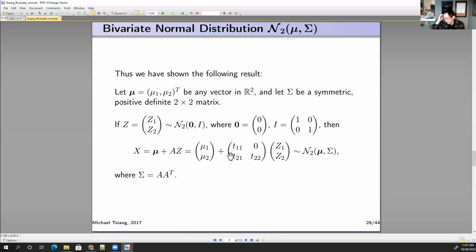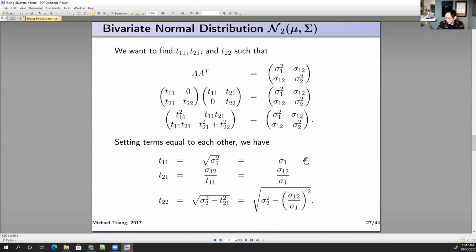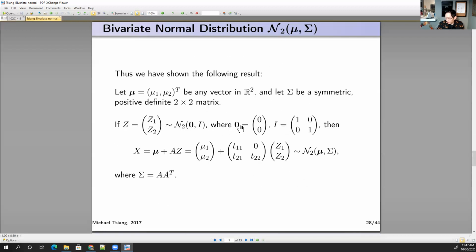So anyway, I'm just going to zip through these last few slides. Basically, if you figure out this decomposition, then you can create a matrix A, and then you can start off by generating values from the random normal. Two independent random normal variables, join them together, and then you do mu plus A times Z. That's going to give you X, and X will come from this bivariate normal distribution.